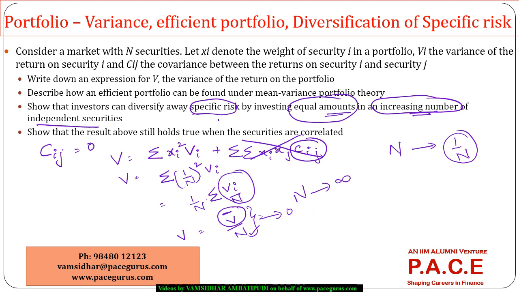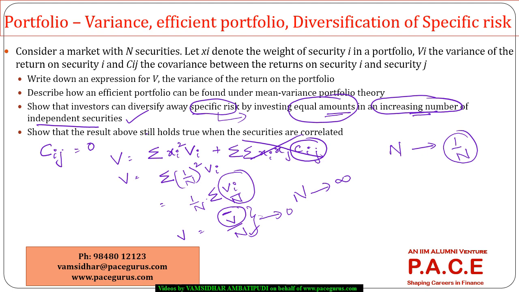When the variance is approximately 0, I am able to diversify away the specific risk altogether, or no risk is existing if I am investing equal proportions across the n different securities, provided all n of them are independent. It looks like I have diversified almost. My overall risk of the portfolio is approaching close to 0. So that is the property when the securities are independent.